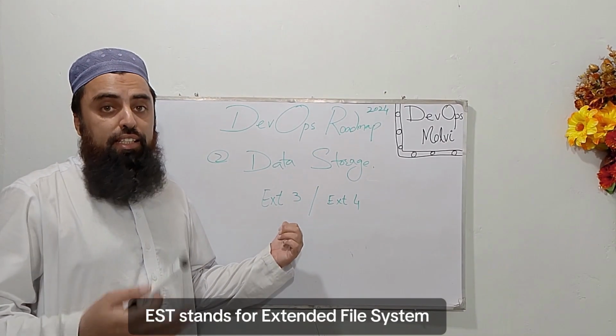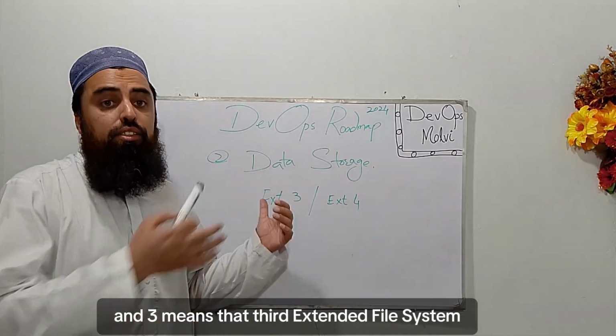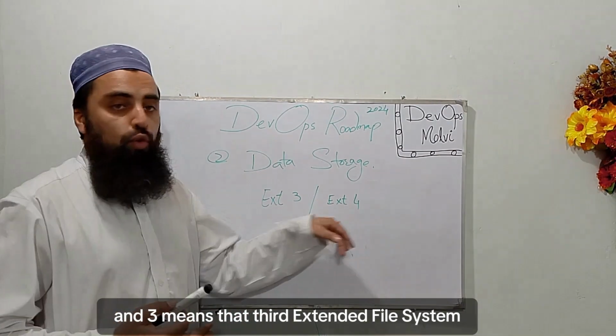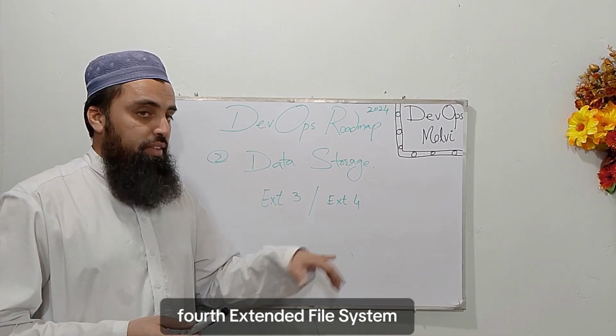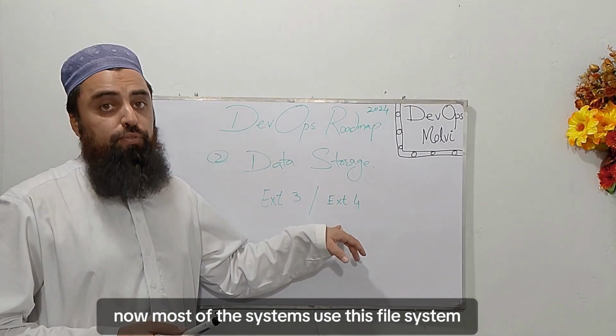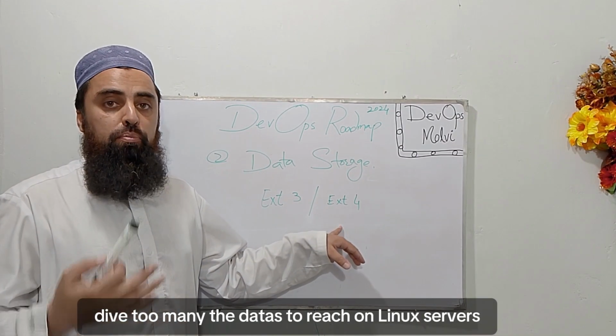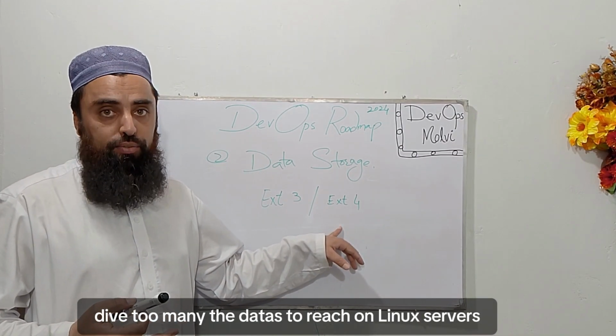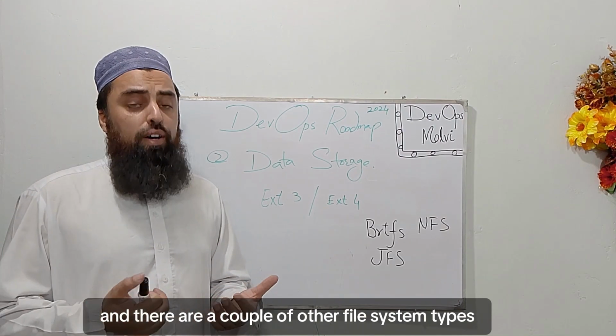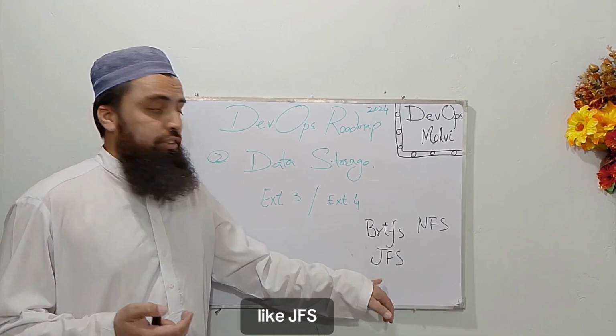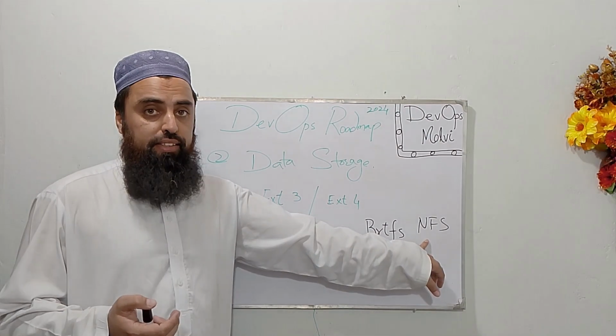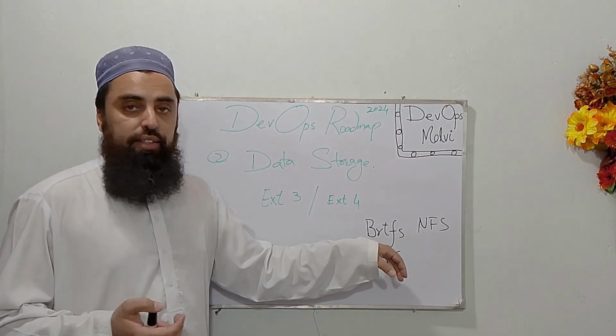EXT stands for extended file system, and 3 means the third extended file system, and 4 the fourth extended file system. Now most of the systems use this file system type to manage the data storage on Linux servers. And there are a couple of other file system types like JFS, NFS (network file system), and Btrfs.